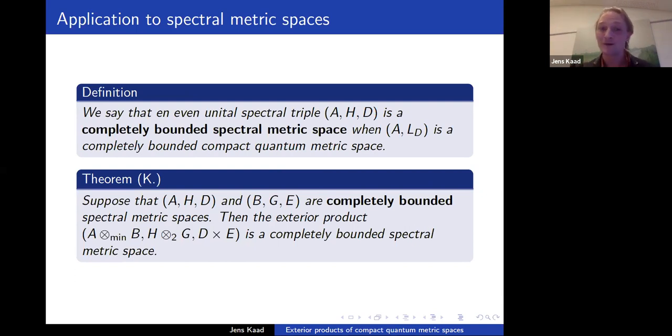But I don't know how to prove such a result if I don't work with completely bounded spectral metric spaces, if I just work with spectral metric spaces. I should also say that I don't know any good examples of spectral metric spaces that are not completely bounded spectral metric spaces. So it's a challenge to find one.